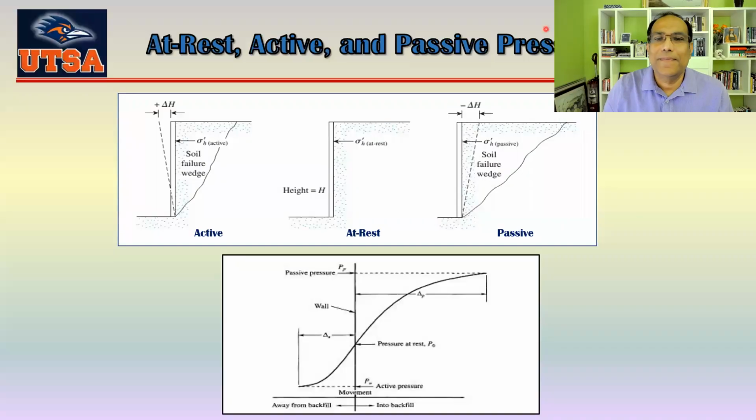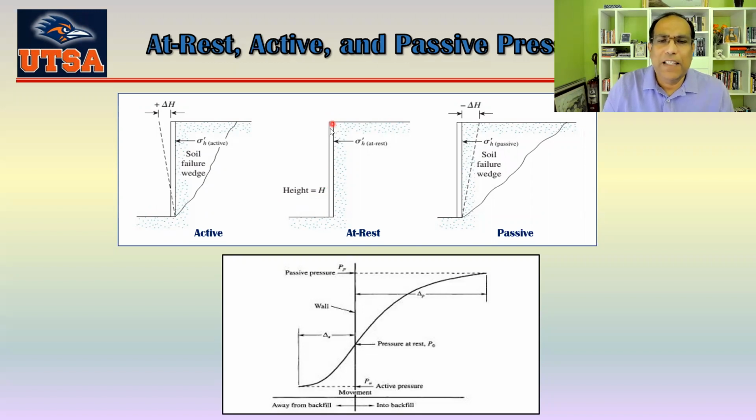Today, we'll review lateral earth pressure. Okay. Let me share my screen with you. So you can see here is a retaining wall along that line, which has a height of h.